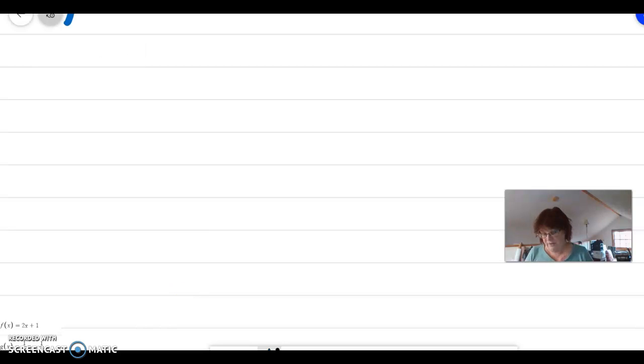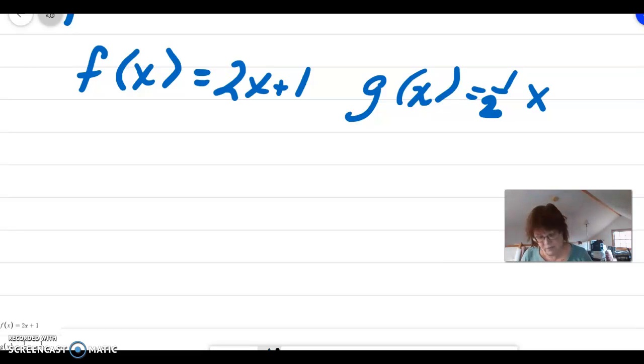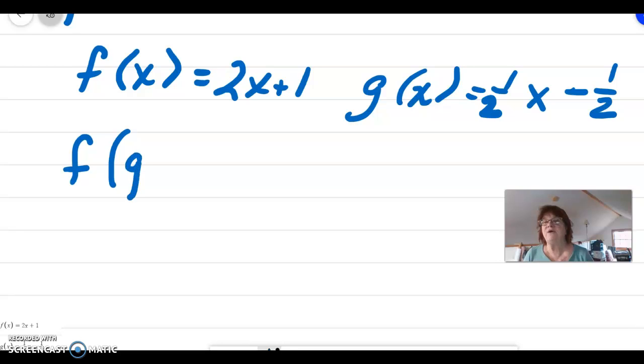Okay, so f of x equals 2x plus 1, and g of x is equal to 1/2 x minus 1/2, right? Okay, so you're asked to do f of g of x and g of f of x. So I'll do f of g of x for you, and then you can do the other one, okay?